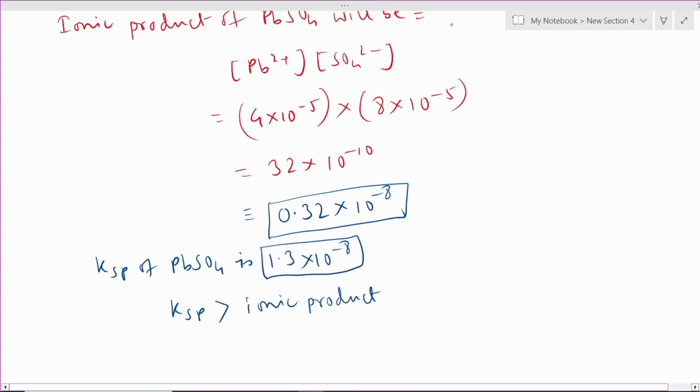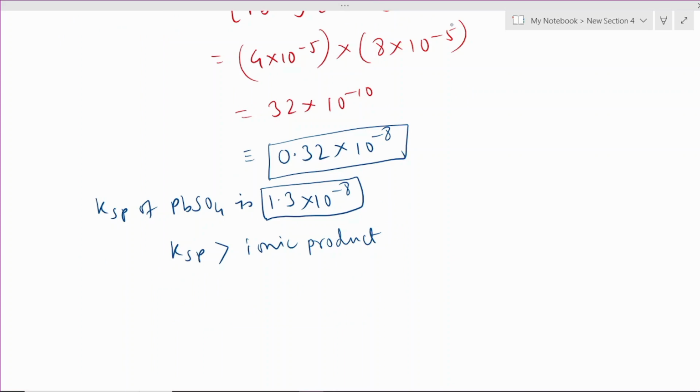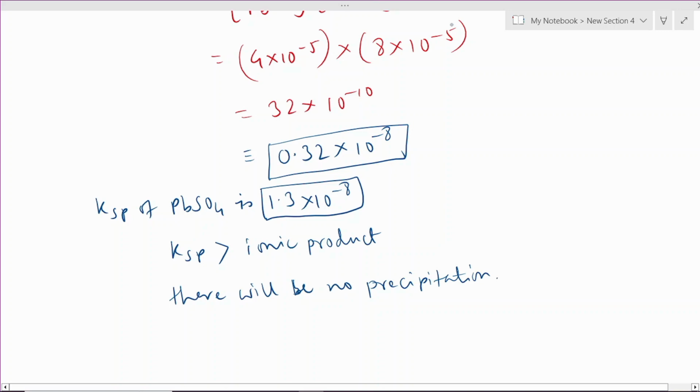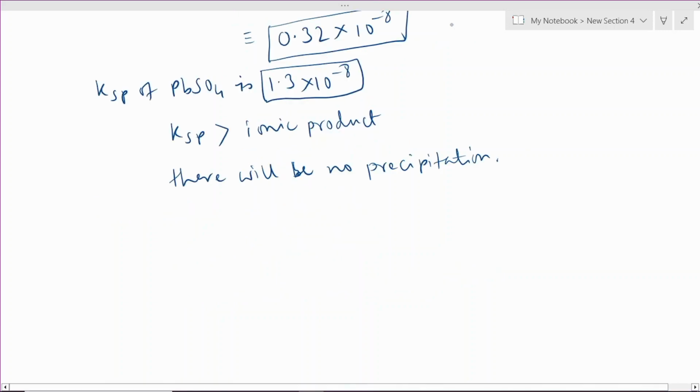So solubility product is greater than ionic product. So we can say that there will be no precipitation, as the value of solubility product is greater than ionic product, so it is soluble, so there will be no precipitation. This is how we solve this problem.